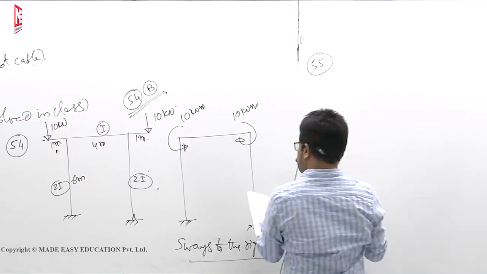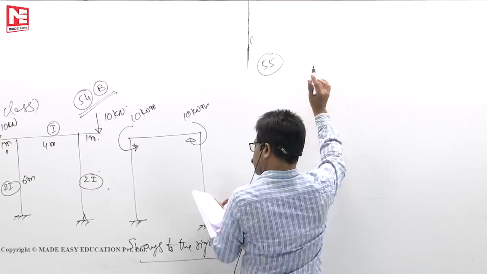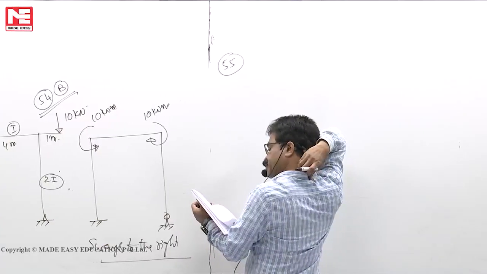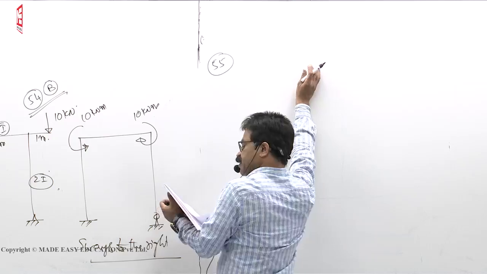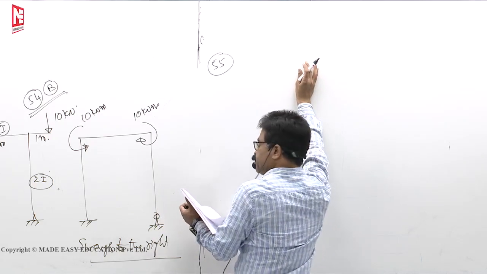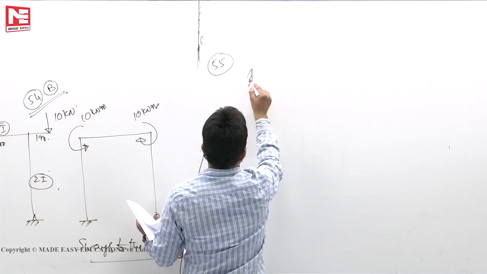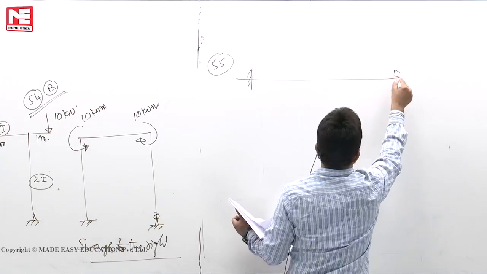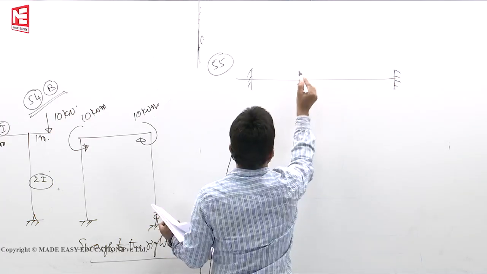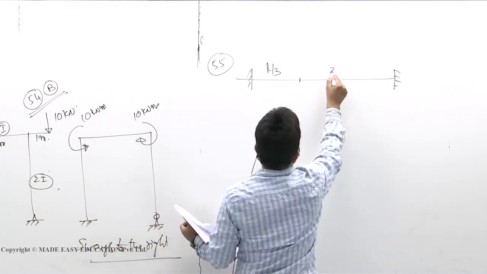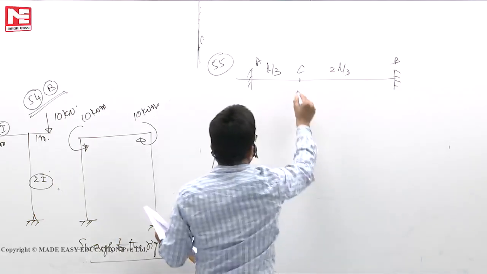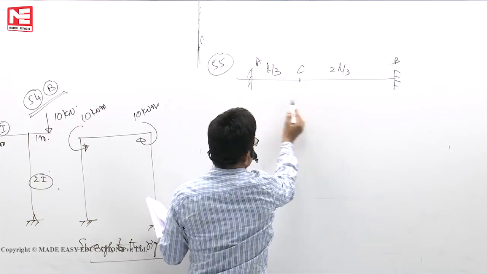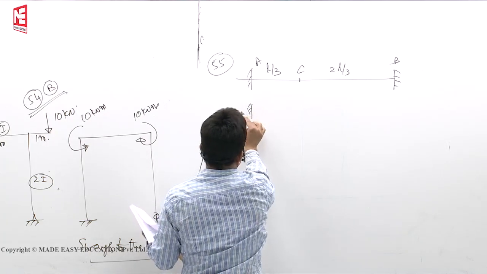Force required to produce unit displacement, that means translation without rotation, at either 1/3 point of a fixed beam of span L and uniform flexural rigidity. You have a fixed beam. Either 1/3 point means this is L by 3 to L by 3. A, B, C. You want to produce unit displacement without rotation.